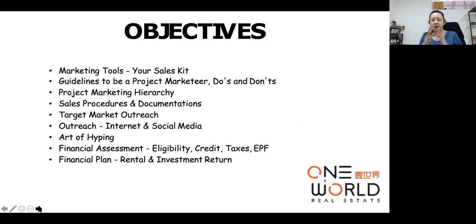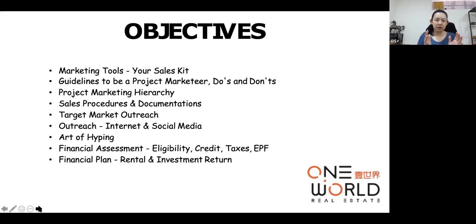The objective of project marketing, and why we are conducting this session, is that we want all of our agents and team members to get themselves ready, including preparing the marketing tools, meaning your sales kit. As you know, in projects, everyone has a project sales kit. Let me show you what a project sales kit looks like.